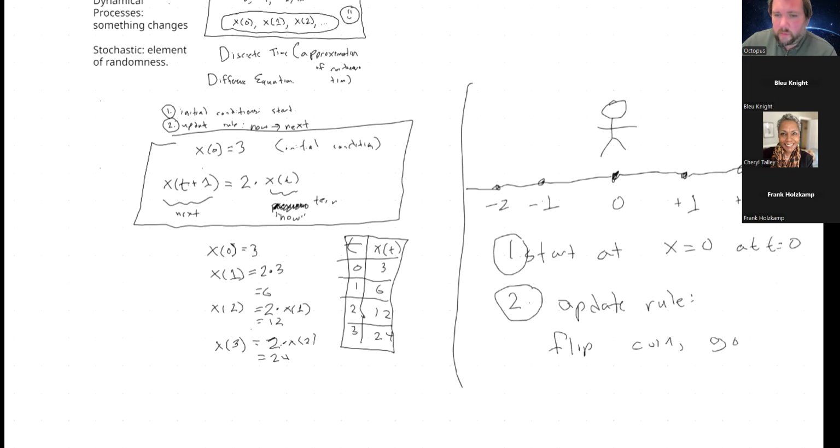So we're going to go left with probability 1/2. And we'll go right with probability 1/2.